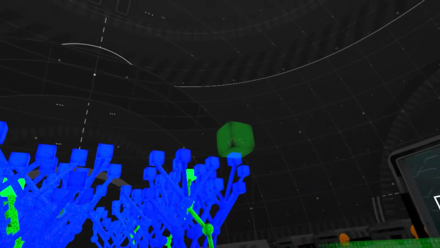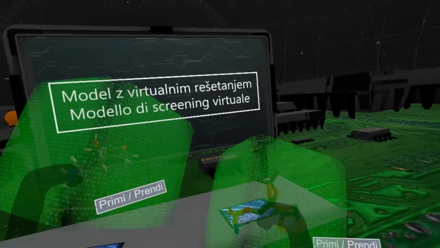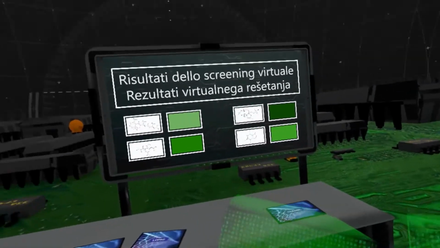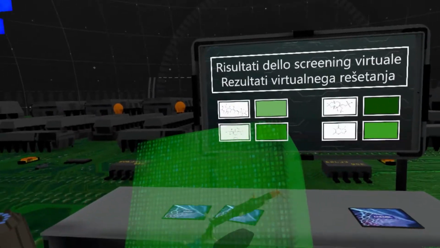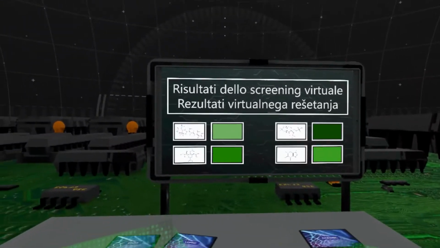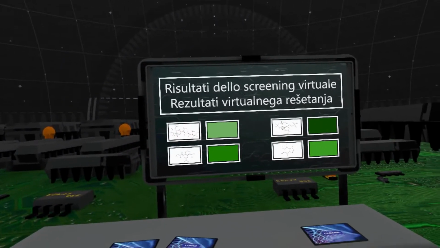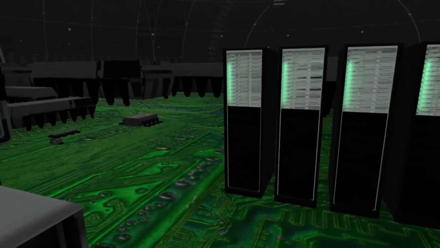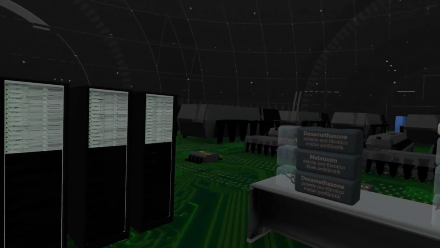Oh, look, here are our molecules. The results are here. Now we know much more about each molecule. Let's not lose anyone. Come on, go to the server.